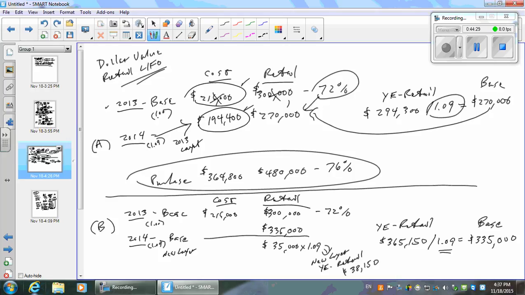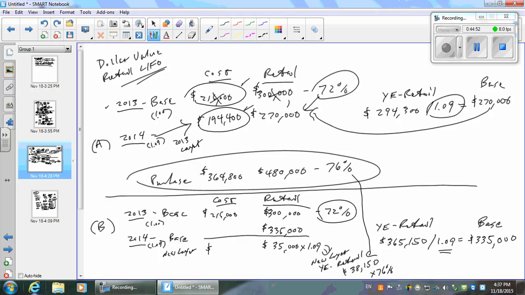All right, that's at retail, and you'd really like to get that back to cost. What's the cost percentage? 76 on the new layer. I have the old one at 72. I have the new one at 76. Take 0.76 times that, 38,150, and that will be the cost of the new layer.